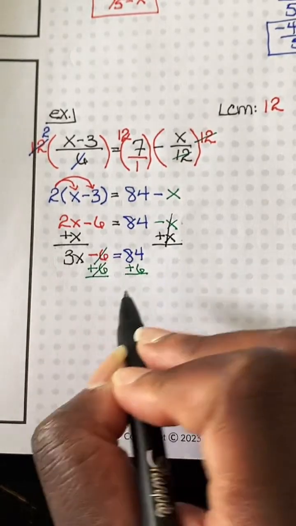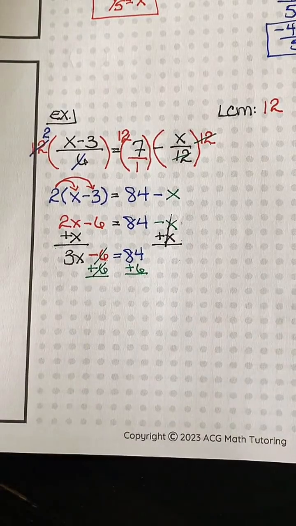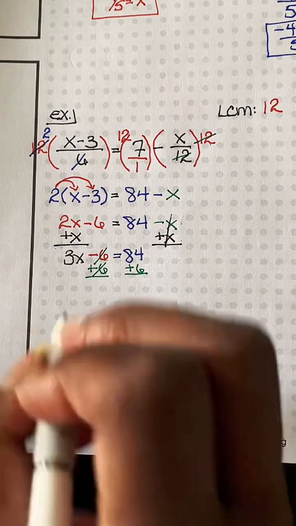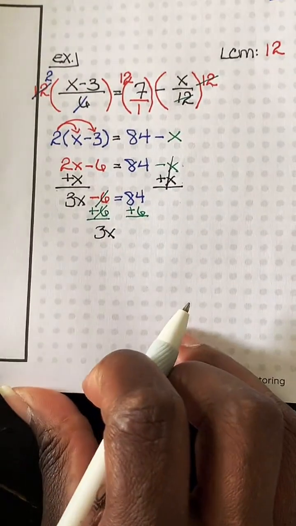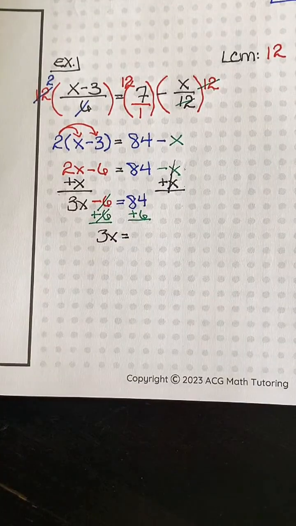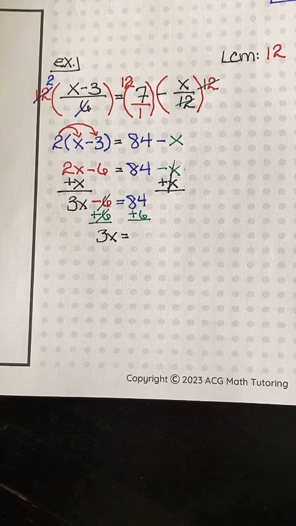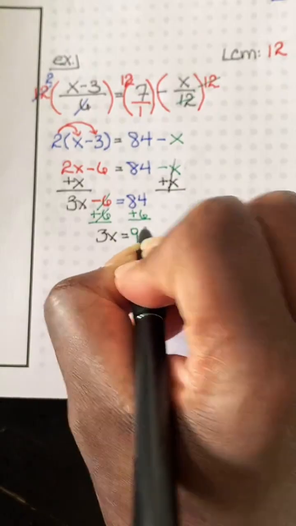They cancel out. Don't need to put the 0 because I still have the 3x on that side of the equal sign. So what I do is just bring down that 3x, bring down the equal sign, and then add 84 plus 6, which gives me 90.